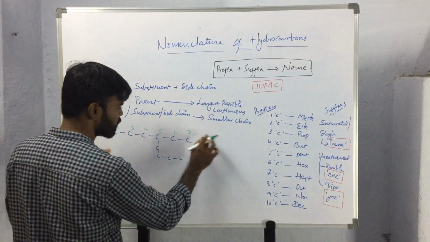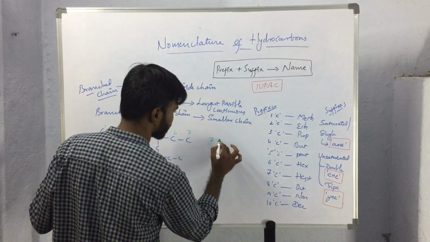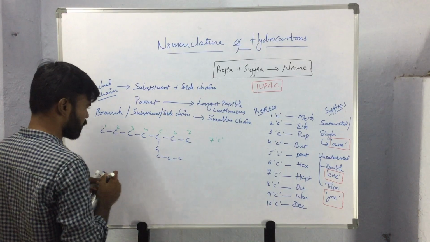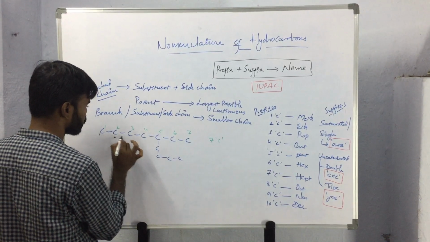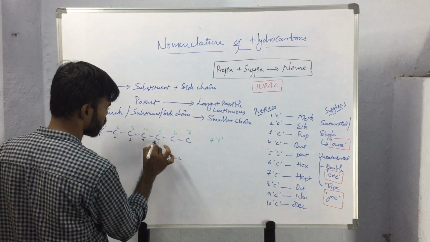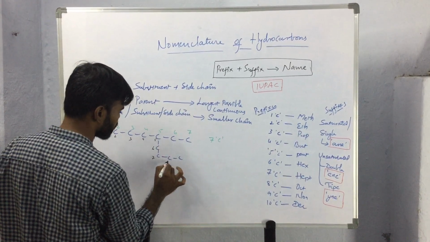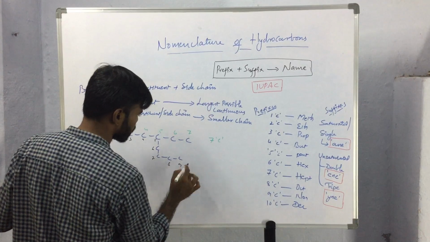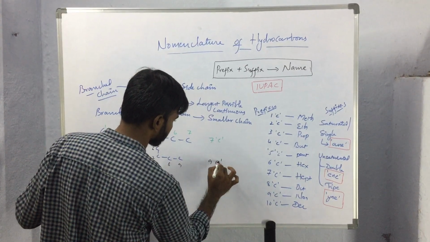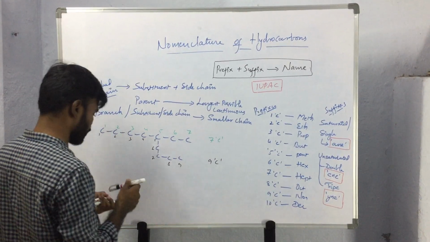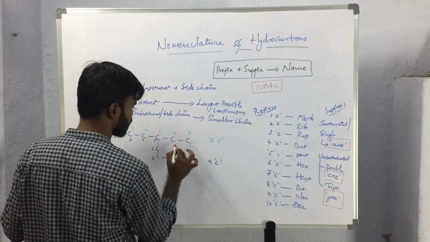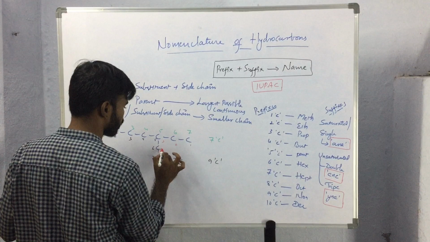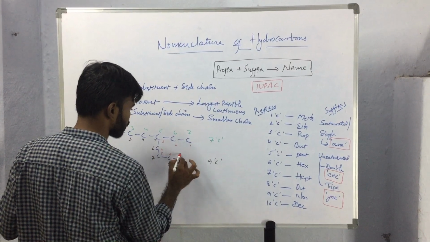So this contains 7 carbon atoms. Then another possibility, 1, 2, 3, 4, 5, 6, 7, 8, 9. So this contains 9 carbon atoms. Then another possibility, 1, 2, 3, 4, 5, 6, 7 again.